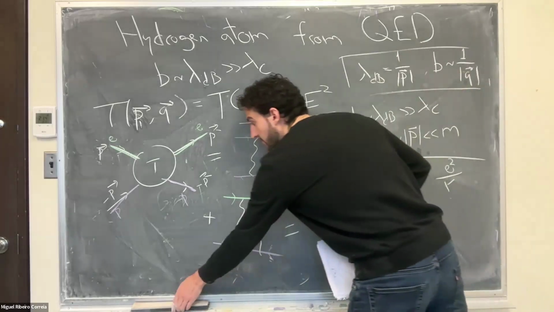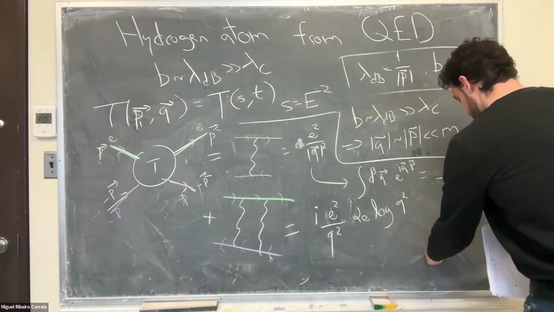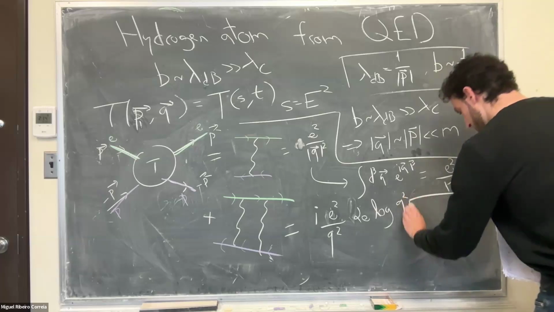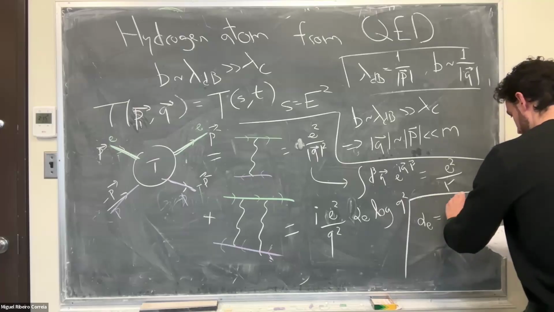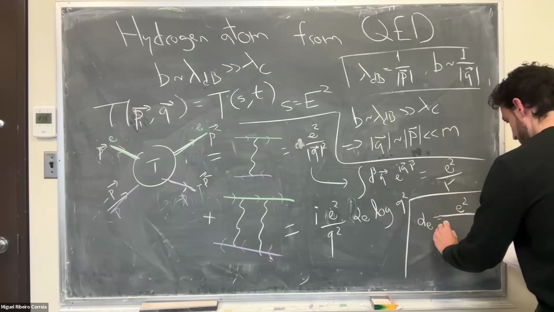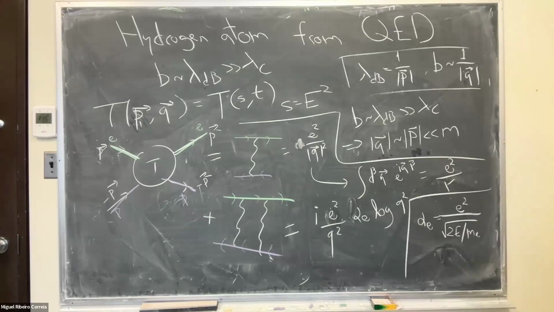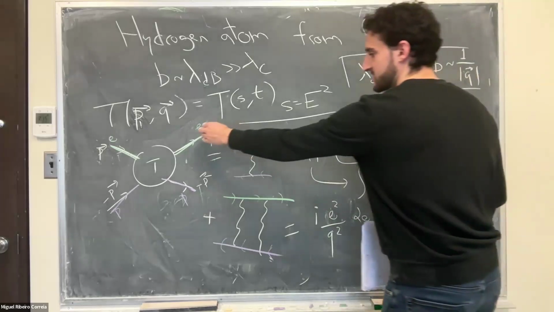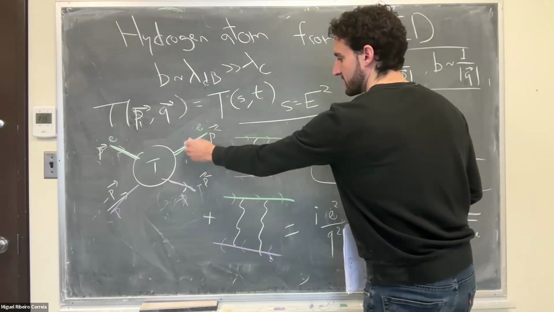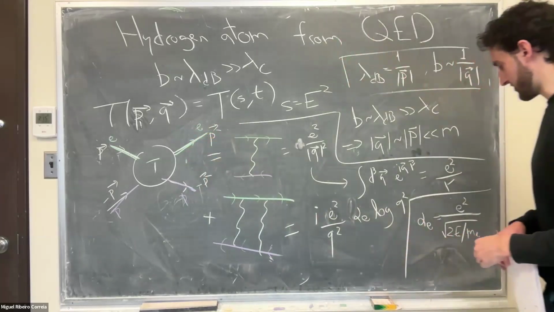Then you can keep going. So what is alpha_E? Alpha_E is e squared over root of 2 over the mass of the electron. I'm taking the electron to be much lighter compared to the proton, as usual.